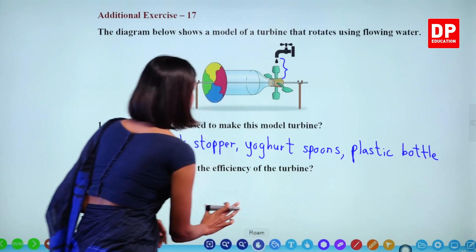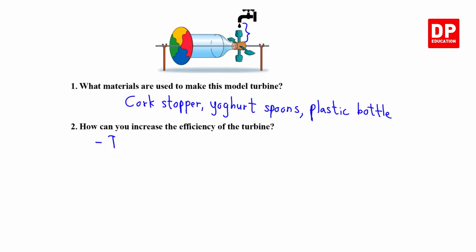Let's write, increasing the distance between the tap and the turbine.